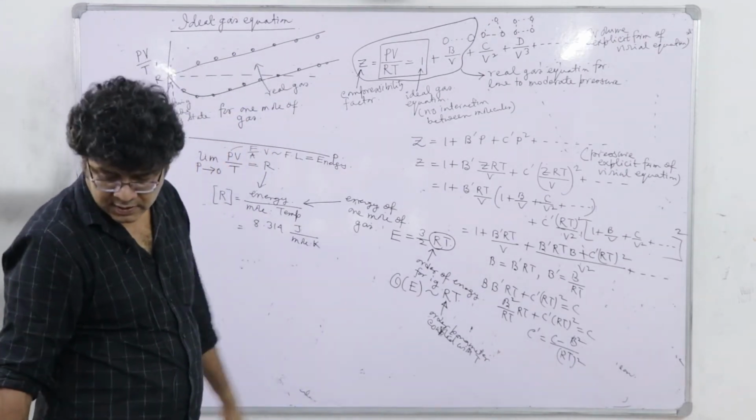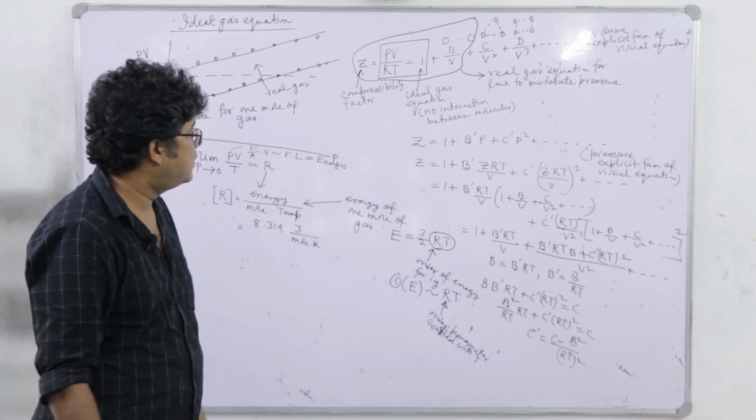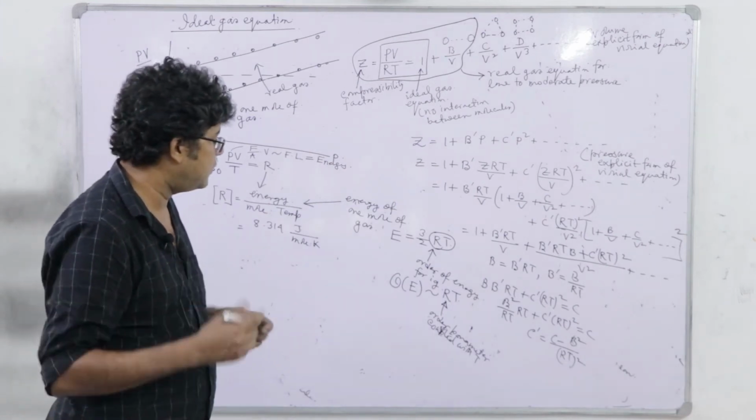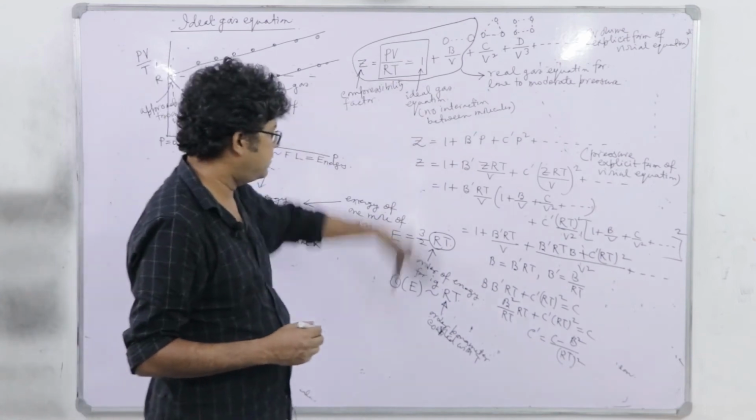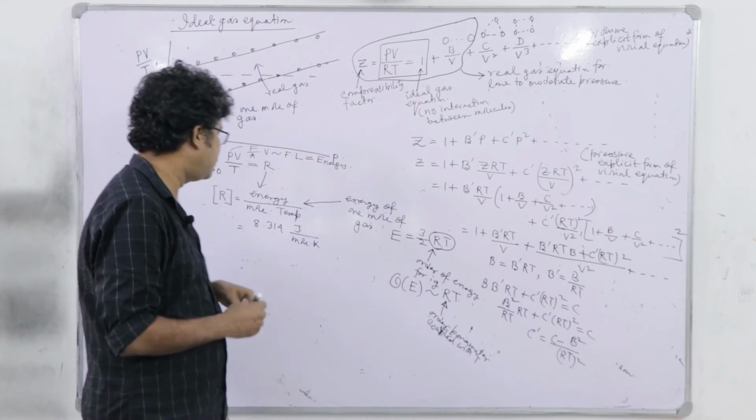So, similarly you can calculate this D prime in relation to B, C and D and so on and so forth. So, these coefficients, we can interchange them.